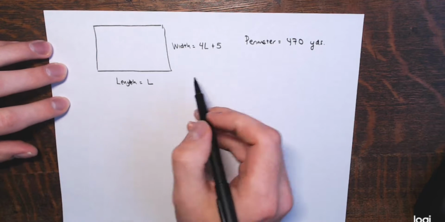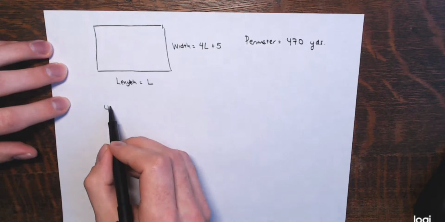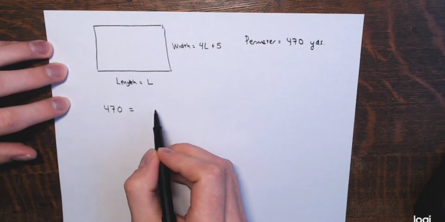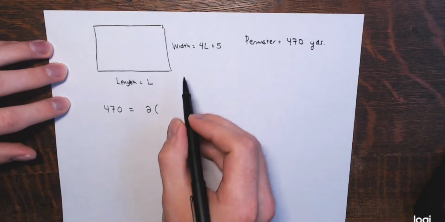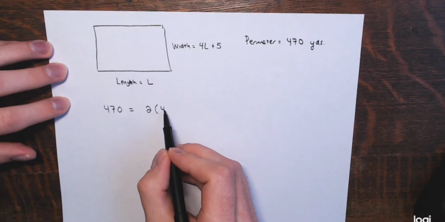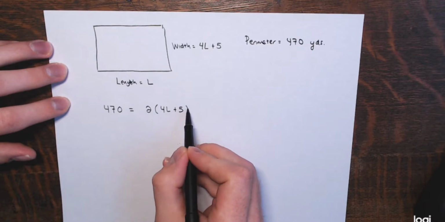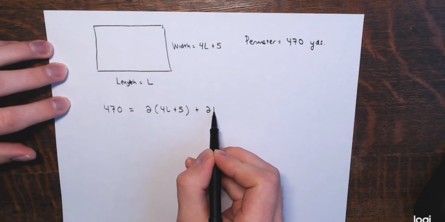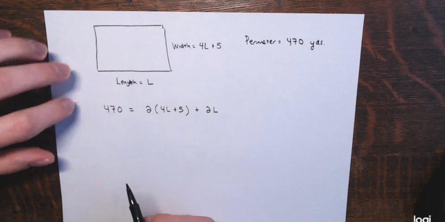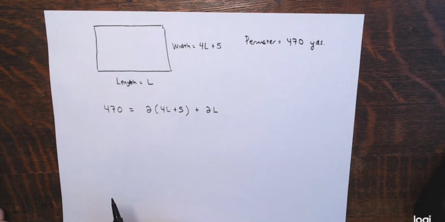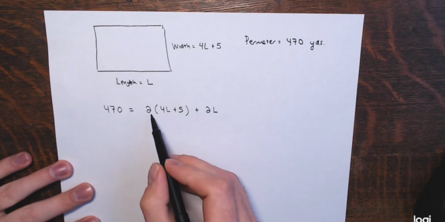All right, so perimeter is 470, and we know how to calculate this, right? It's twice the width, so 2 times this quantity, 4L plus 5, plus twice the length. And then we solve this for L, and then we can answer what's the length and width of this rectangle. So I'm clearing parentheses first by distributing.